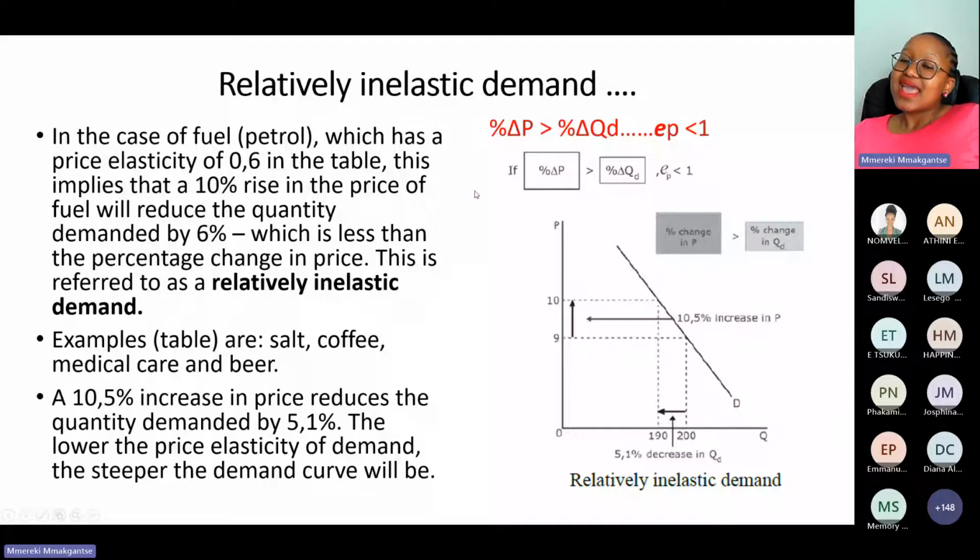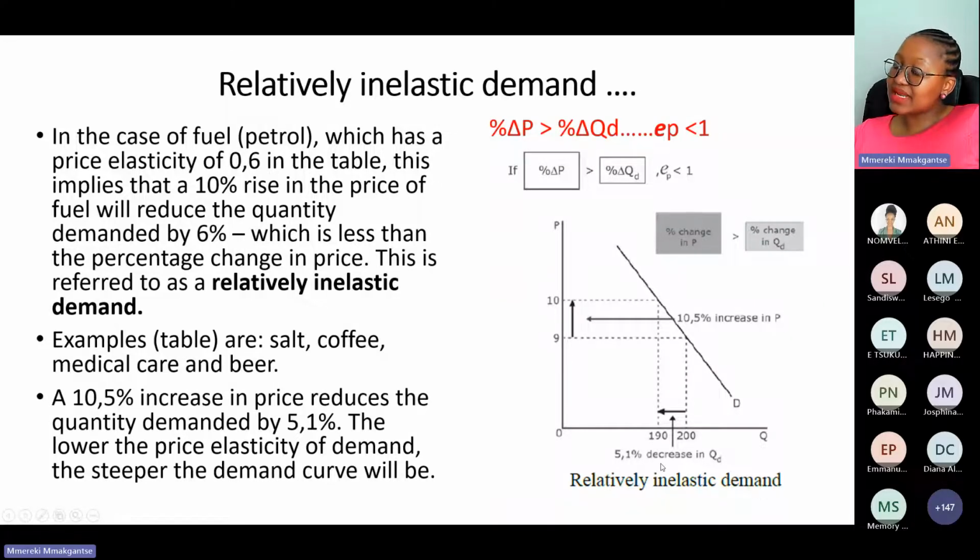It means that even if something were to increase, remember our example of the apple being 5 rand and the percentage increase is 100%, the quantity demanded decreased by only 1%. Looking at our example, we are told that there's a 10.5% increase in price, so it reduces quantity demanded by 5.1 percent.